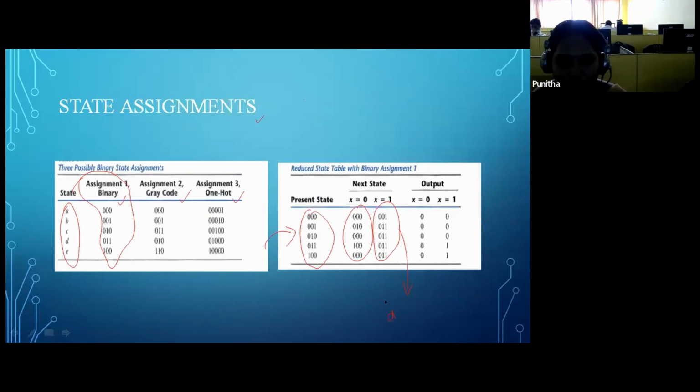Before, it was represented as A, B, C, D, but after substituting, it is in binary form. The working nature of the states is similar, just renamed as some other term. The processing is the same before and after applying the substitution.